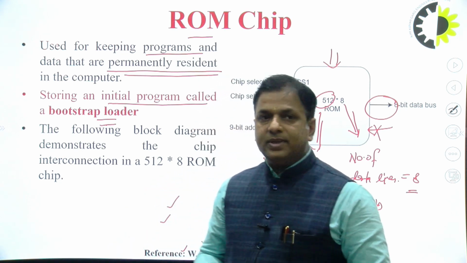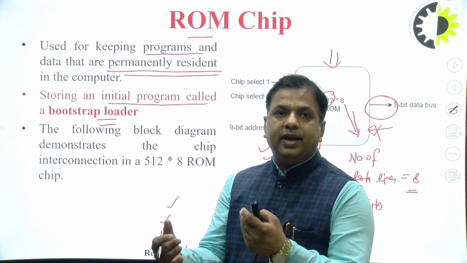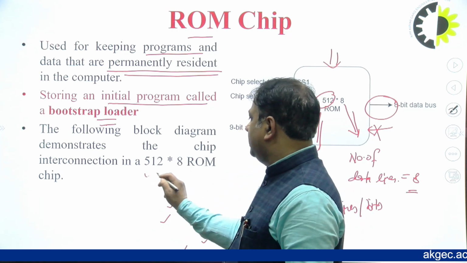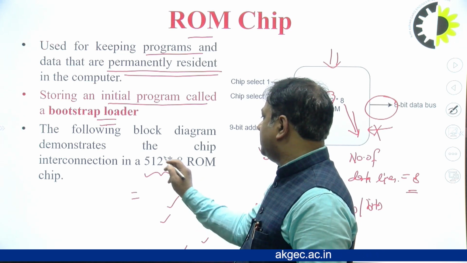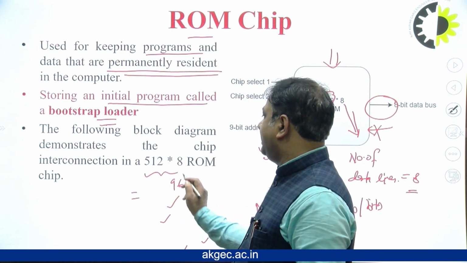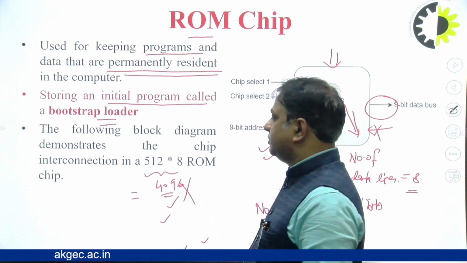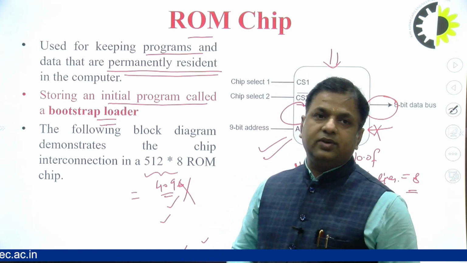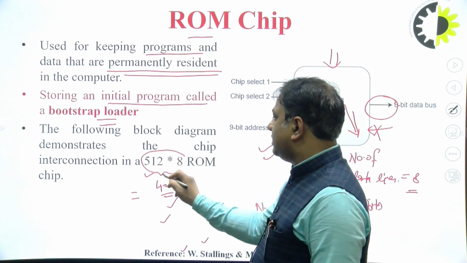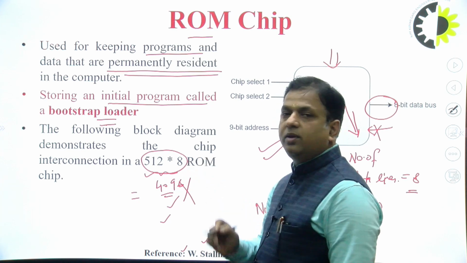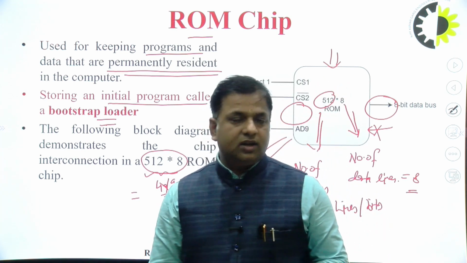Sometimes students make the mistake of multiplying the 512 into 8, for example writing 8 to the 16, 8 plus 1, 9. So this is wrong. We cannot write the size in this way. The right way of writing the size is number of addresses into number of data lines. So this is wrong, right? So take care of it.